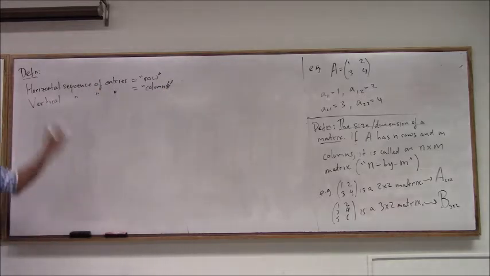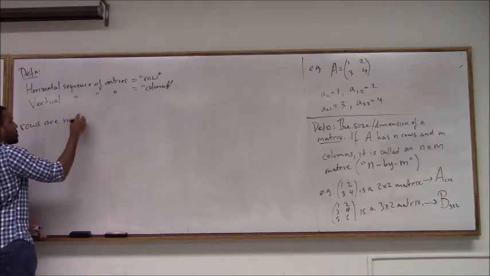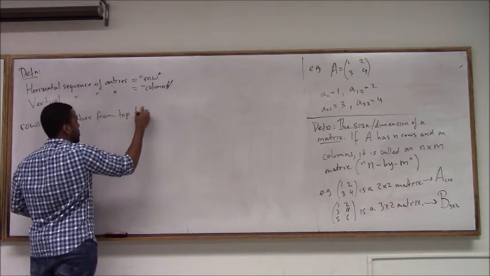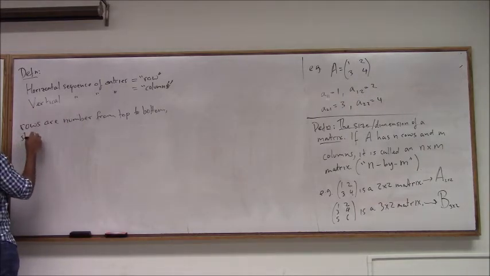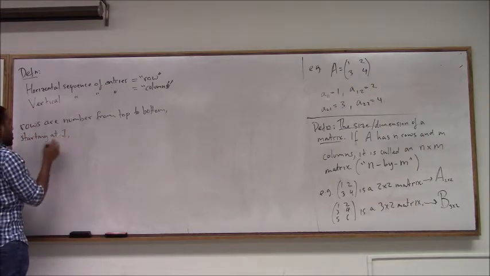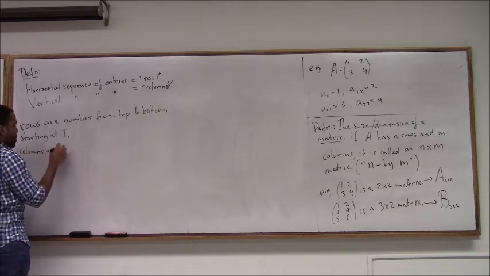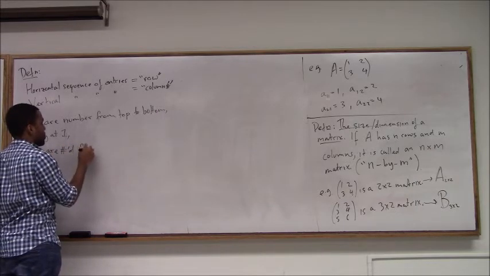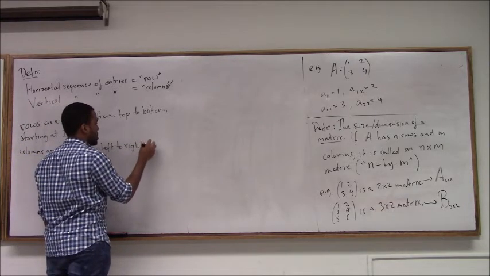Columns are talking about vertical things, rows are talking about horizontal things. Rows are numbered from top to bottom, starting at 1. Columns are numbered left to right, starting at 1.